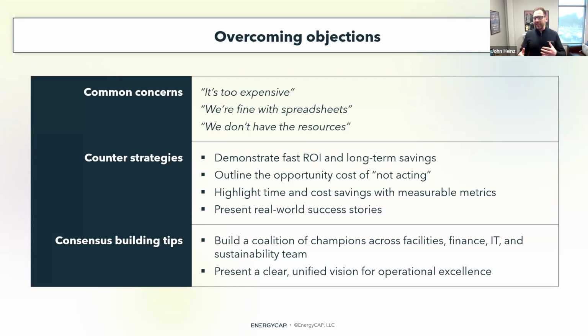If you could get someone from IT and finance, and depending on how you're organized, facilities, sustainability, if you could get one team member from all those divisions bought into this and working together, man, that is a coalition of champions that is fighting for the greater good of one platform, good data that helps in a lot of areas where these teams need data and need bills to be processed and reviewed and paid. Bring in others, bring in champions.